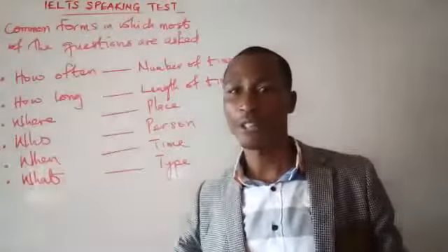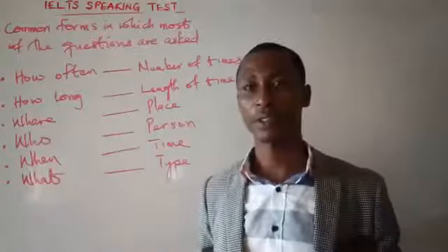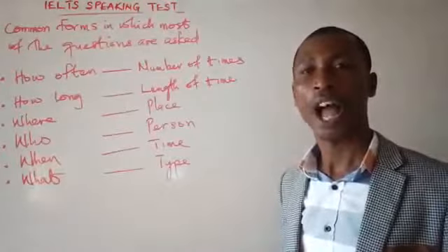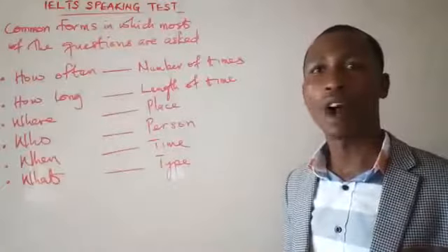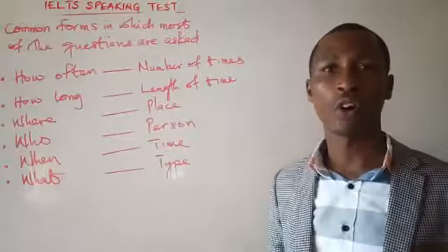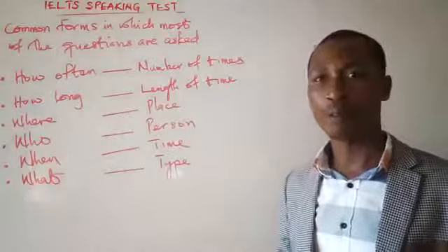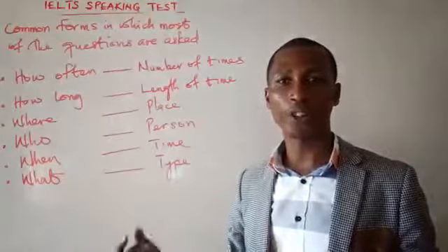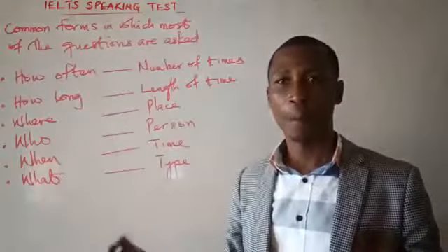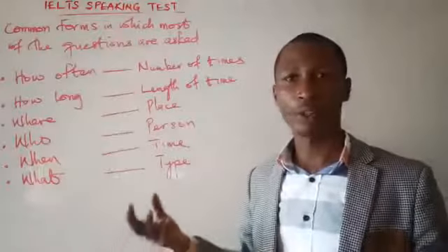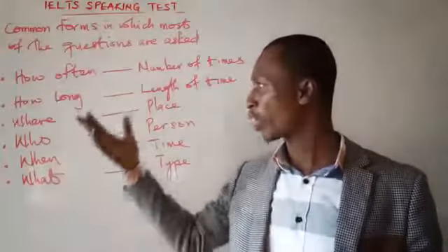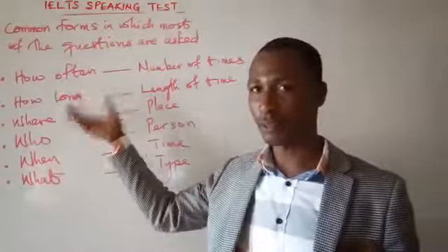How long have you been at this place? How long have you been practicing IELTS? How long have you been preparing for your interview? How long have you been preparing for these exams? So when we're talking of how long, we are talking about the length of time. But how often, we are talking about the number of times something is being done. So you can just look at the differences.